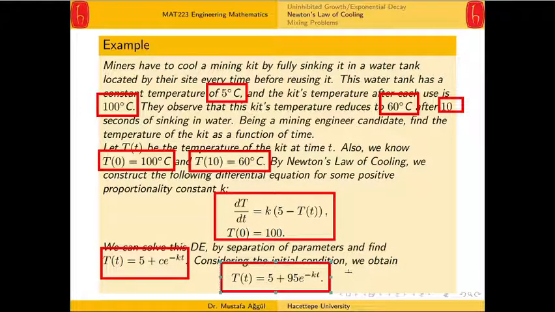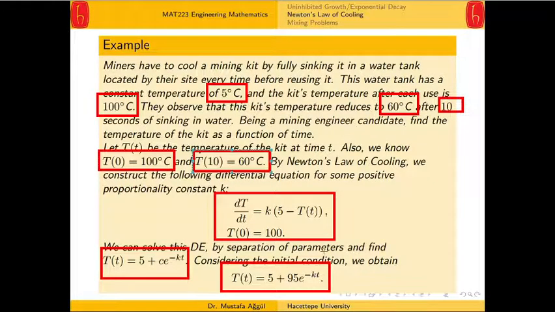So this will be our solution. Now we are almost there, except for one unknown. k is still not known, right? So we need to find k, just like we did for lambda. For this k value we need to use the extra information given here: T(10) is equal to 60. This means if we substitute 10 for time t, then the temperature will be 60.